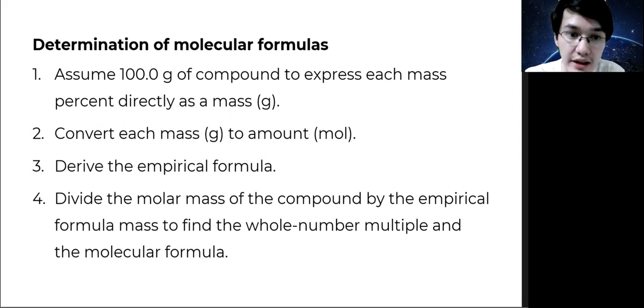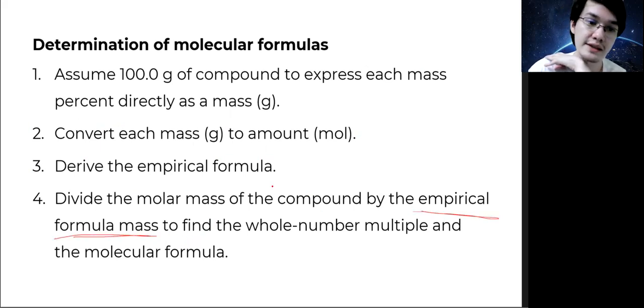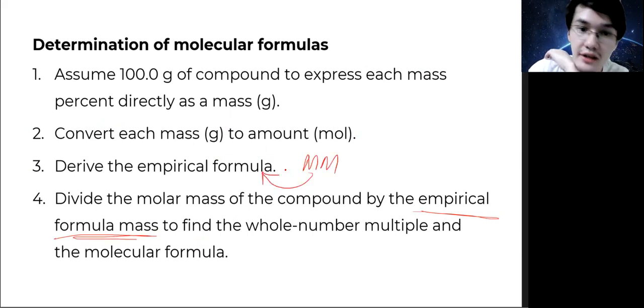Then we divide the molar mass of the compound by the empirical formula mass to find the whole number multiple and the molecular formula. Empirical formula mass is just the molar mass of the empirical formula.